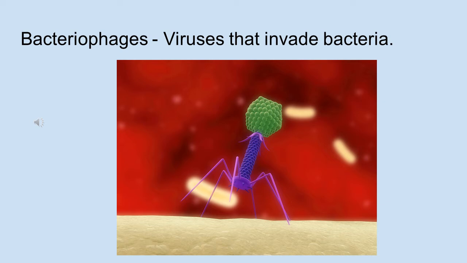A virus that invades bacteria and then replicates within is called a bacteriophage, or simply a phage. Phages are the ones that look most like the lunar landing module to me. Fun fact, and a tool for remembering their function, bacteriophage actually means bacteria eater.